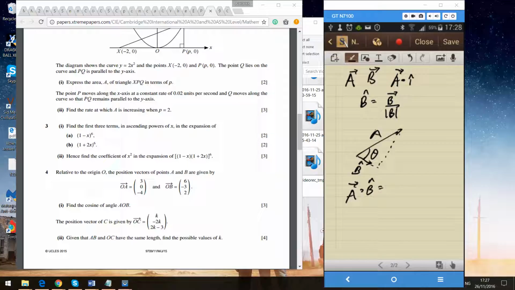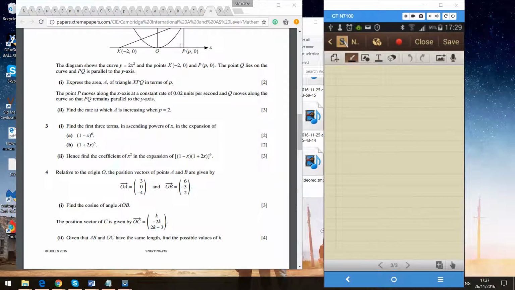So that's the magnitude of A times cosine theta, and we know that B hat is equal to B divided by the magnitude of B. Rearranging the formula, you get A dot B equals the magnitude of A times the magnitude of B times cosine theta, and that's the formula that we used originally.